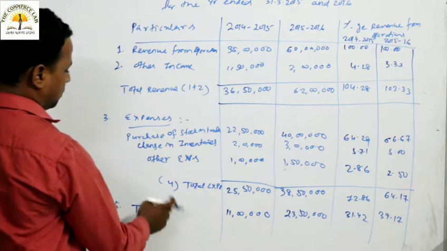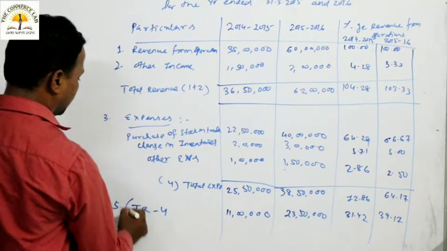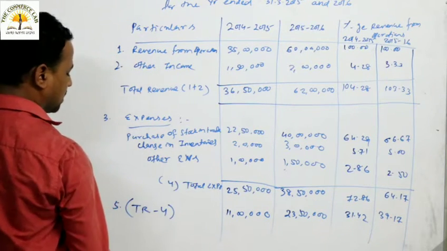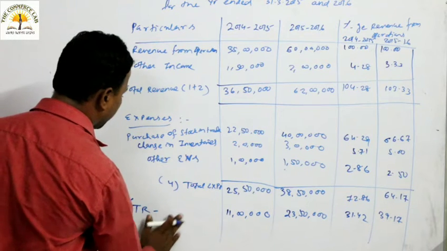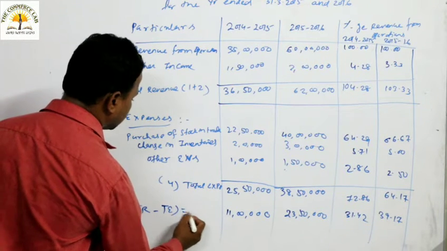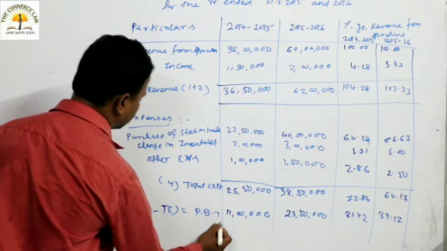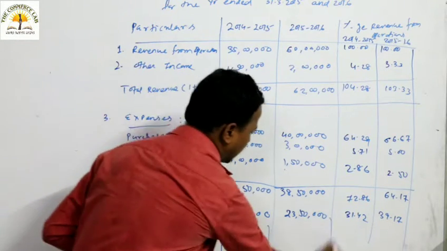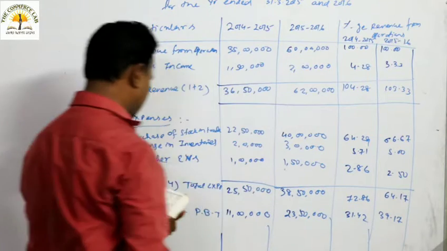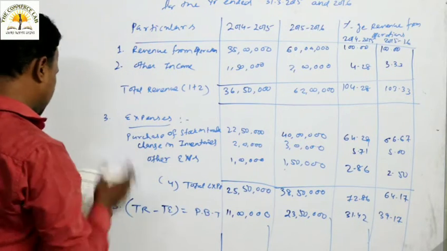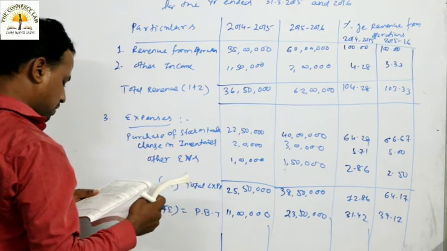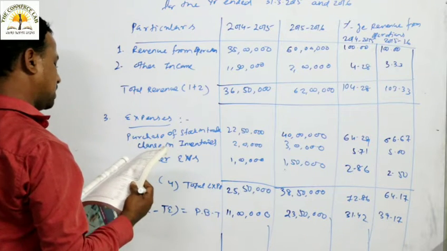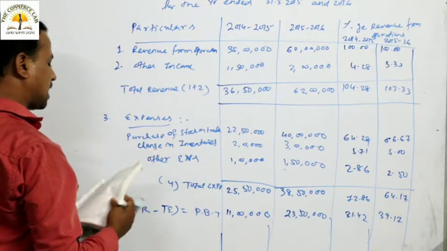So total revenue, what do you get? Total revenue minus 4, this total expenditure. Total revenue minus total expenditure, what is that? Profit before tax. Then the tax given for both the years is 35% and 40%. 40% for 2015, and 35% for 2016.